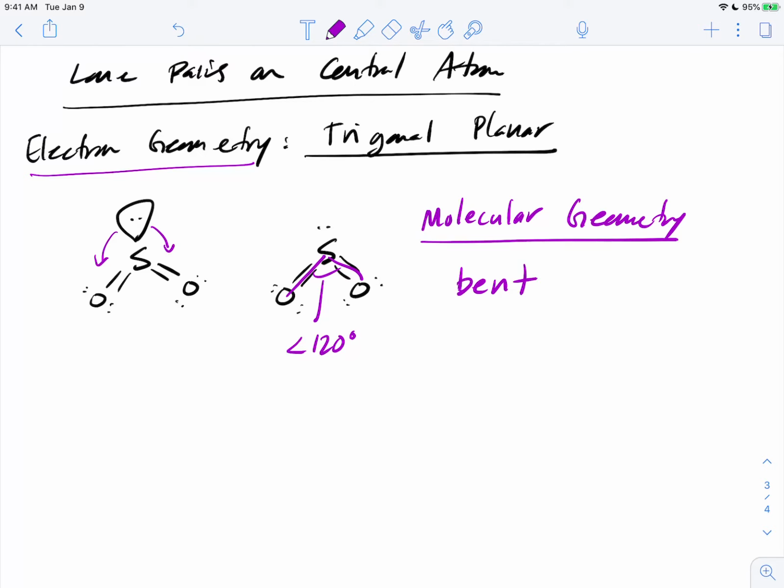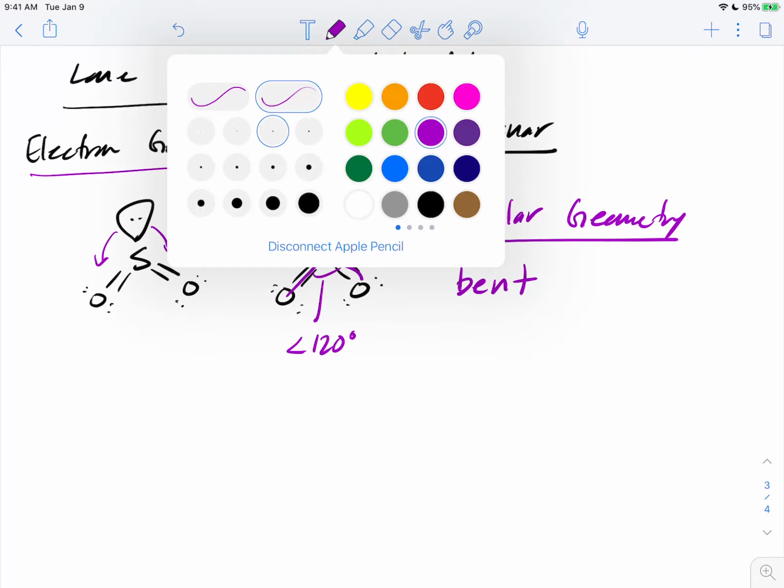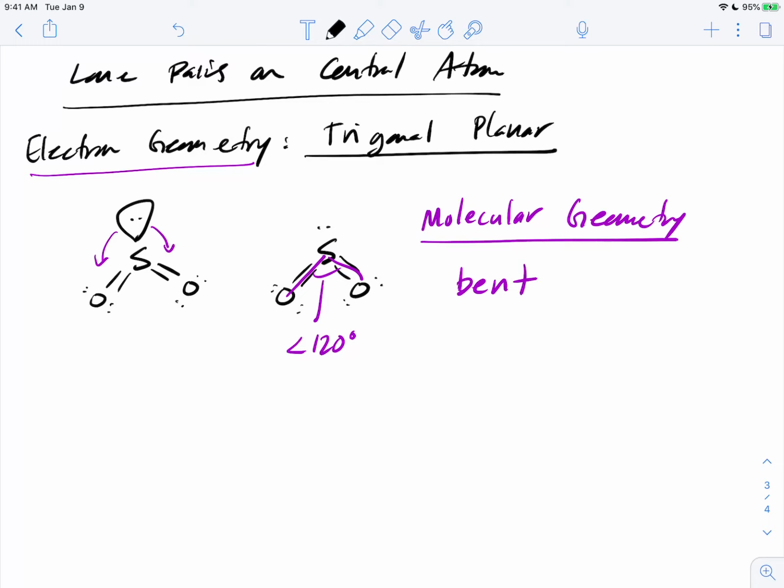So we go to the next, which is tetrahedral. So this is electron geometry of tetrahedral.